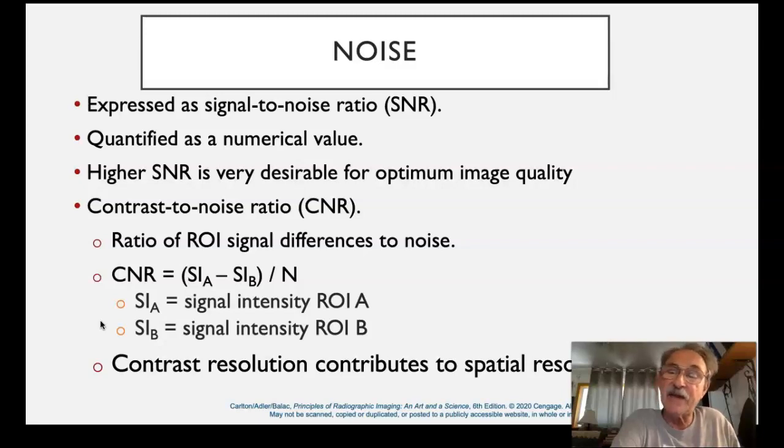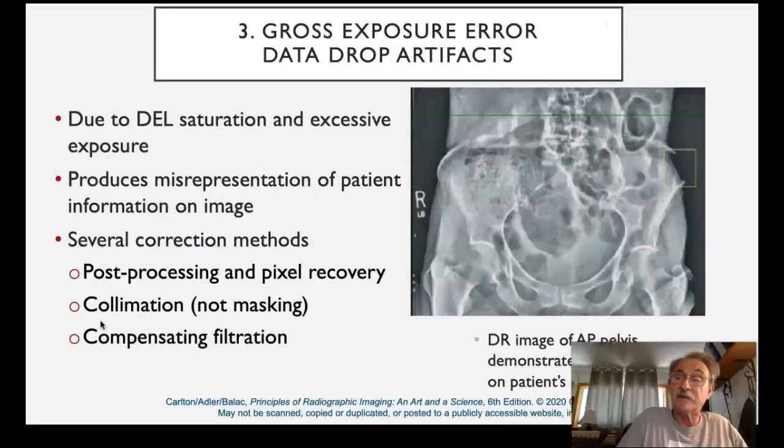An example of that would be the fat pads on the elbow. If we can see the individual grayscale of the fat pads or not see them, then that is indicative of perhaps there is or there is not an occult fracture of the elbow. And so from that perspective, we would like to see contrast-to-noise ratio at a high level so that we can see the subtle shades of gray.